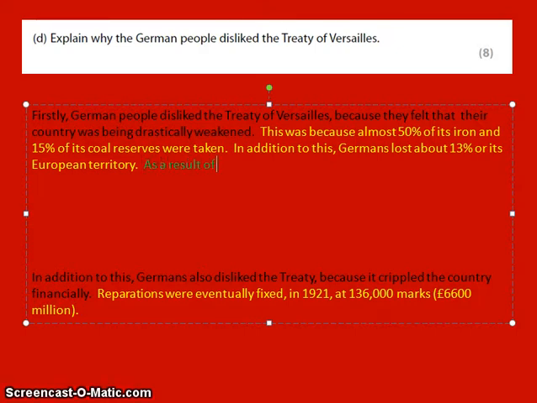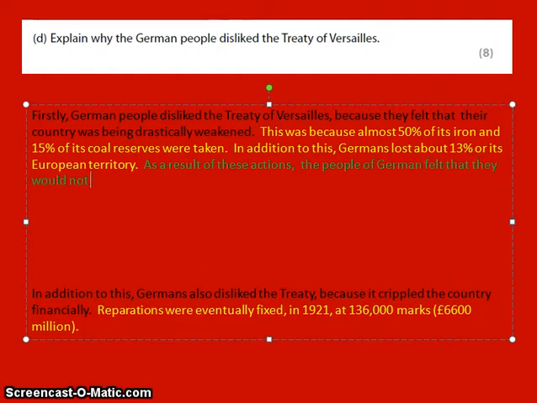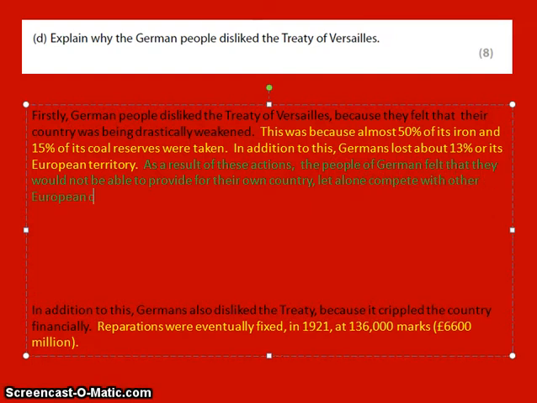As a result of these actions, the people of Germany felt that they would not be able to provide for their own country, let alone compete with other European countries.